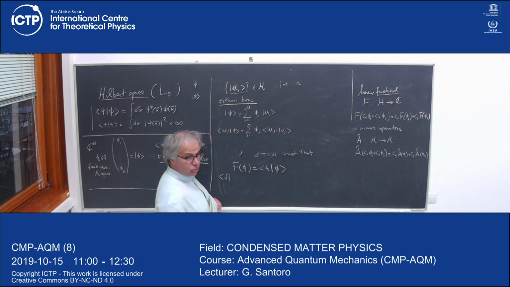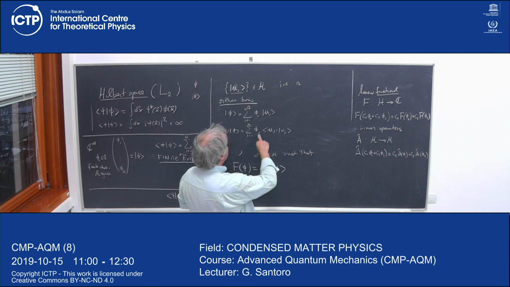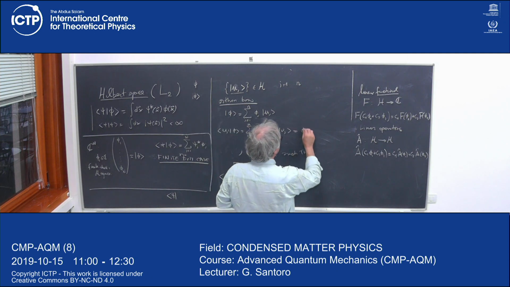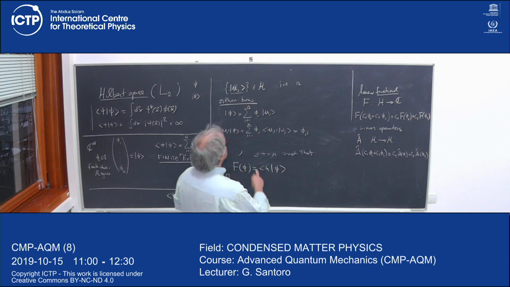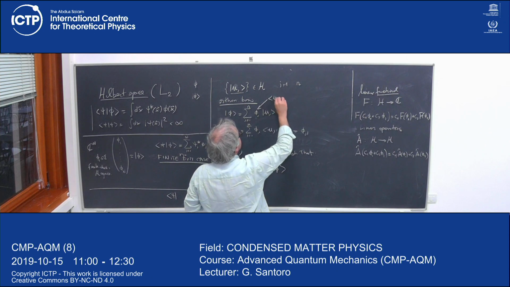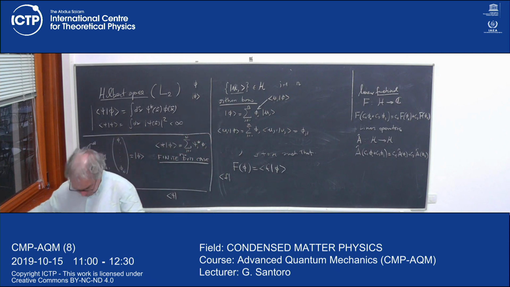But this is an orthonormal basis, so this is a delta, j prime j. Of all the numbers here, only one counts, and this is phi j prime. So this object is nothing but the projection of the vector phi on the element j.